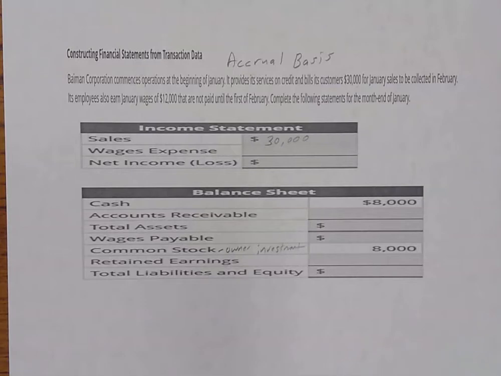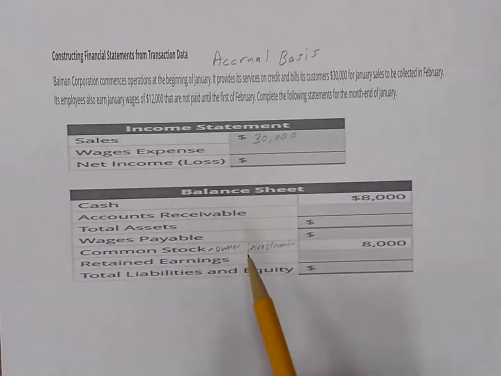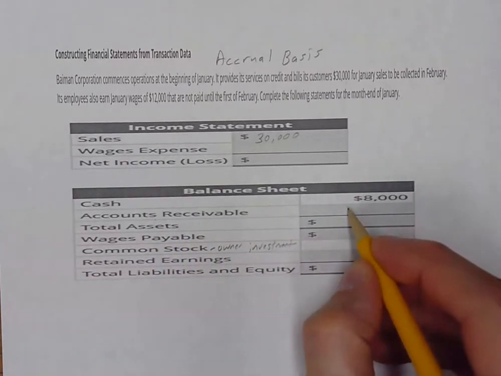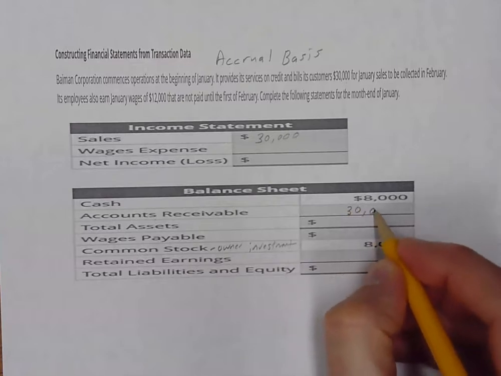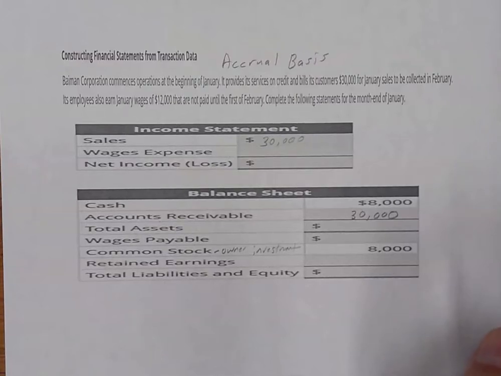But we did not receive cash, right? We did not receive cash. So instead, we're going to increase accounts receivable by that $30,000, the full $30,000, because based on the scenario, we did not collect any of that in the month of January, right?